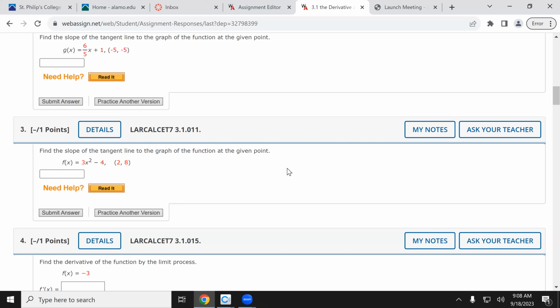So where is the slope? This is b, which is 1. That's it. That means the slope equals 6/5, because they already give you the tangent line, which is 6/5 x plus 1. What about the next one?